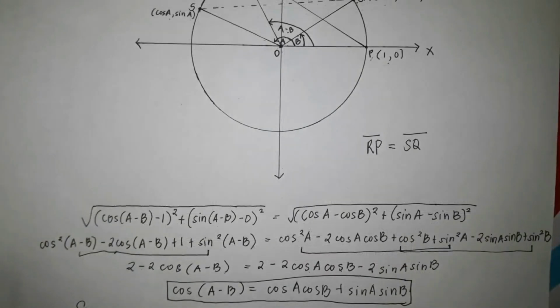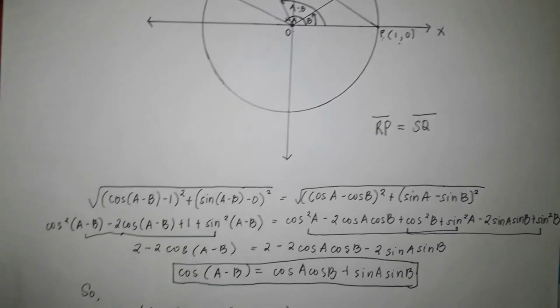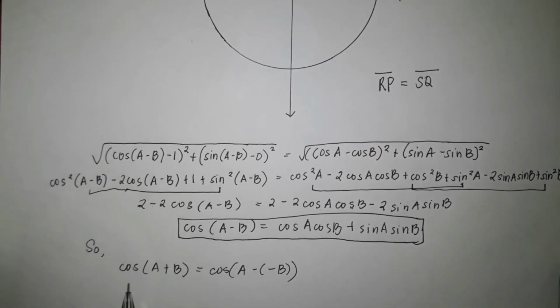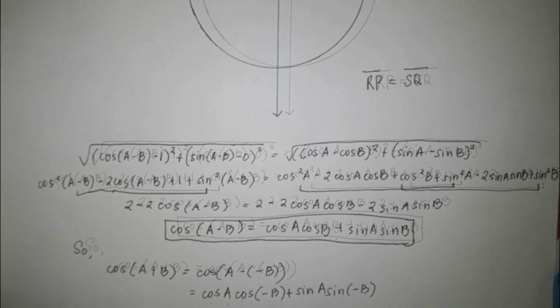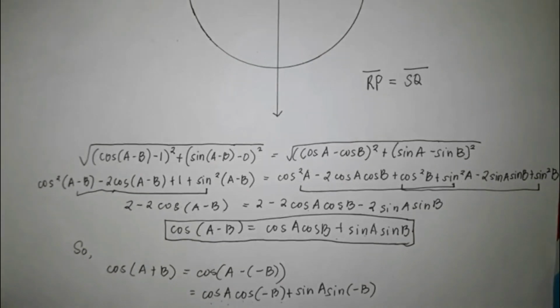Now that we have the cosine difference identity, we will move to the cosine sum identity. We already know that cosine (A plus B) is equal to cosine of A minus negative B. We will use the cosine difference identity to get the cosine sum identity.